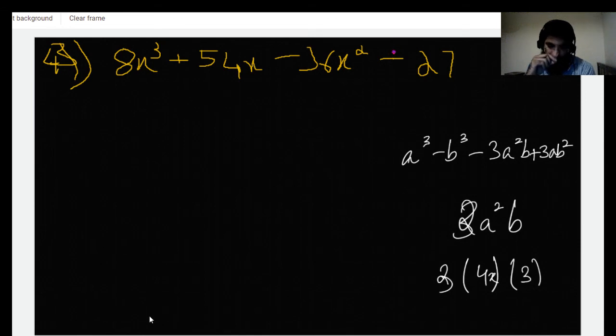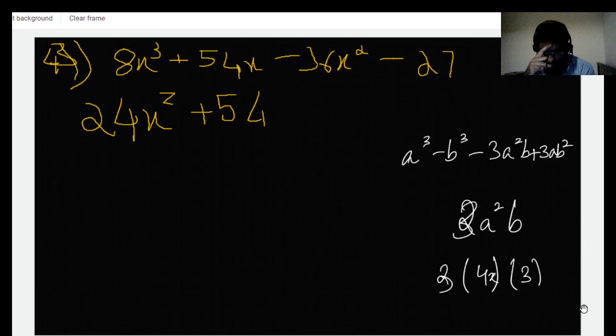And now all I have to do is differentiate. 8 into 3 is 24, 24x square, plus 54, minus 36 into 2, which is 72x.